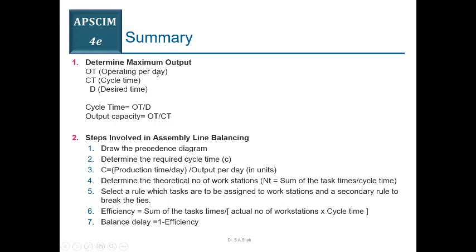तो उसके लिए आपके पास जो ऑपरेशंस पर डे है या द टोटल प्लांट दैट विल बी ऑपरेटिंग पर डे, वो उसकी तरफ आप जा सकते हैं। You will go towards the cycle time और जो डिज़ायर्ड टाइम है वो आपने कंसिडरेशन में लेना होगा। एंड साइकिल टाइम इज़ बेसिकली टोटल ऑपरेशनल टाइम पर डे डिवाइडेड बाय द डिज़ायर्ड आउटपुट, और कैपेसिटी जो है दैट नॉर्मली कम्स आउट थ्रू दिस थ्योरी, which will be the total operational time per day divided by cycle time.